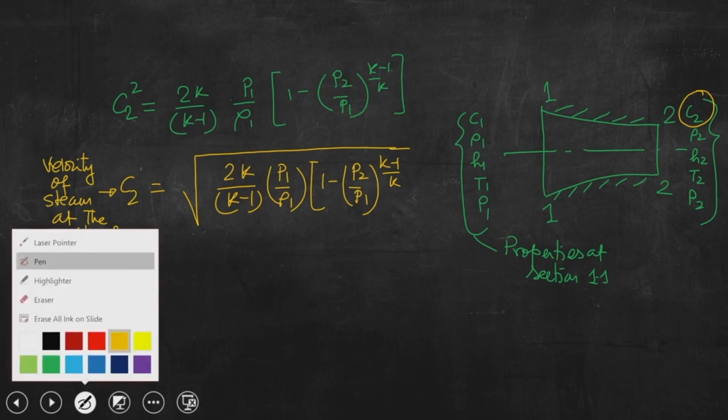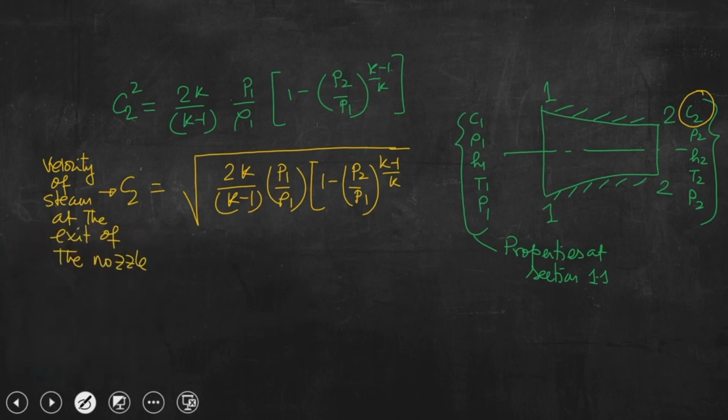This P2 by P1 is the pressure ratio, that is the ratio of exit pressure to the inlet pressure, and we also have k, the index of expansion, and P1 by rho 1.